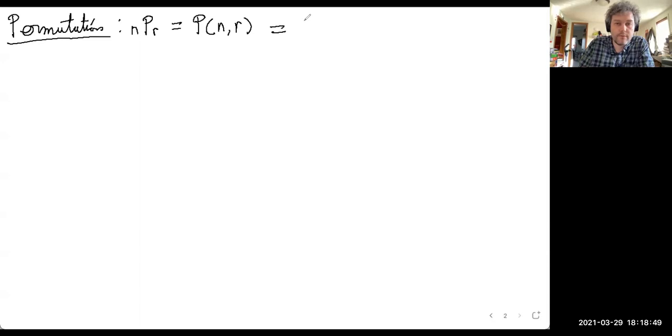It has its own formula, which is n factorial over n minus r factorial. Let's do some examples of that. We've already used permutation in our multiplication principles, but now we're going to expand that idea and solidify it.